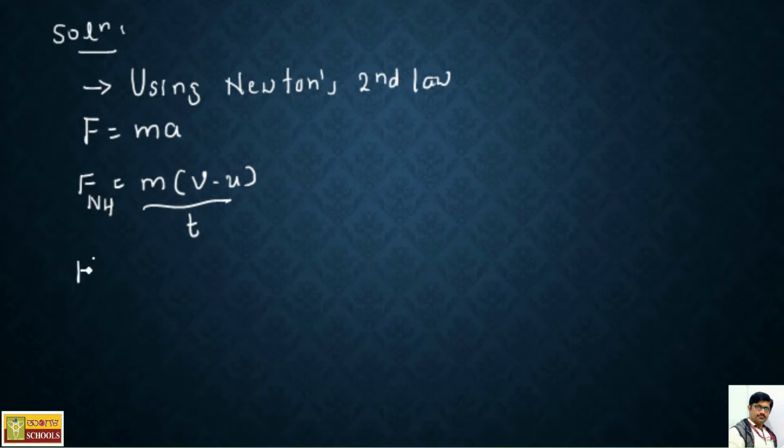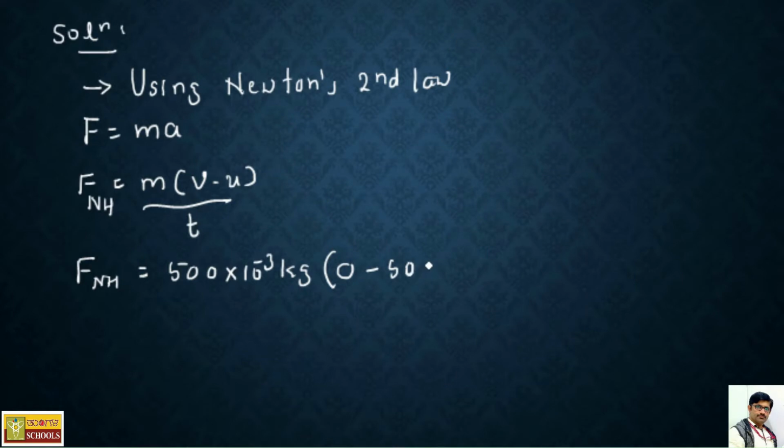So F_NH is equal to m, that is mass of the hammer, that is 500 gram. Therefore 500 into 10 to the power minus 3 kg. You keep kg as it is, no problem. And v minus u, v is 0, minus u is 50 meter per second. So you take meter per second common, no problem. Divided by how much? 10 to the power minus 2 second.